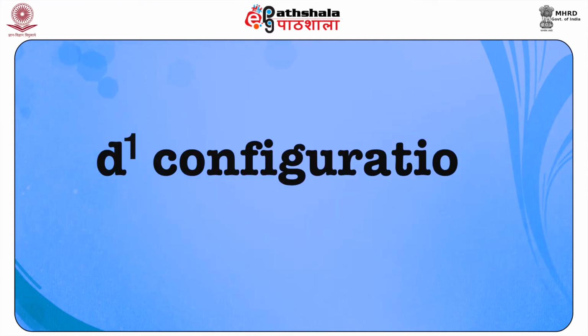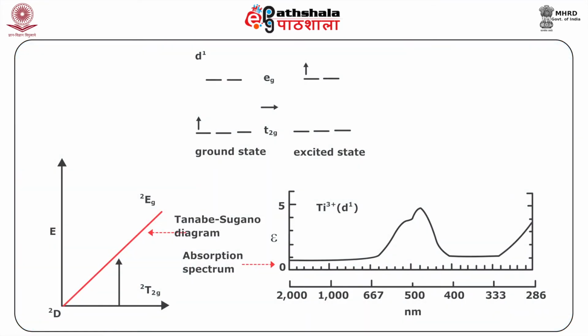Firstly, let us discuss the d1 configuration. For the d1 electronic configuration, the number of electrons is 1, and thus the Tanabe-Sugano diagram is also quite simple to draw and to interpret.